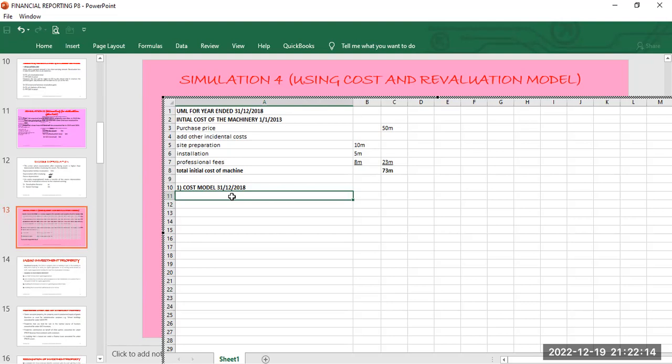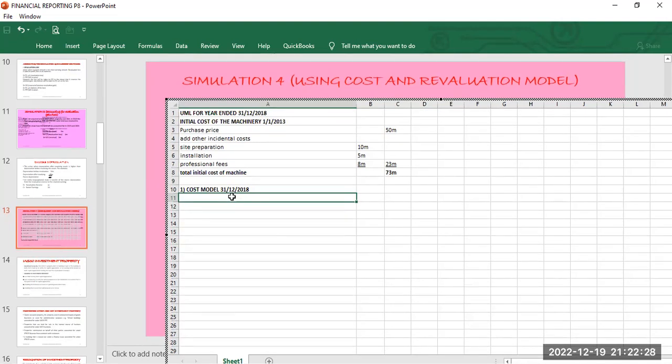So before you prepare these financials, you have to first explain what cost model is. You do the computations, and after that we can do the extracts later.